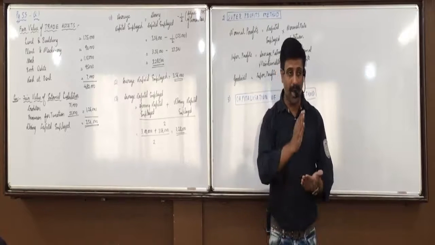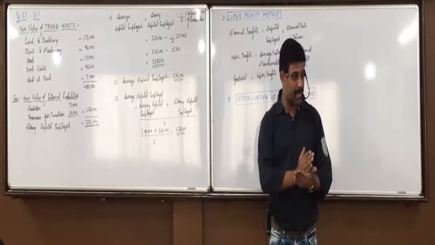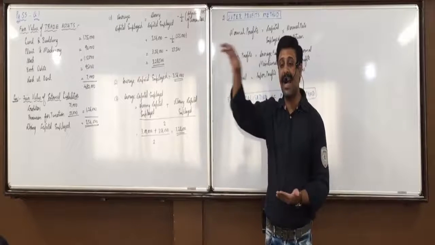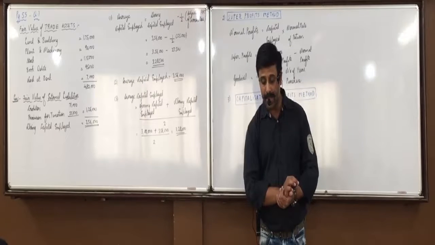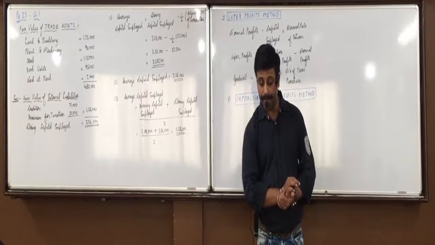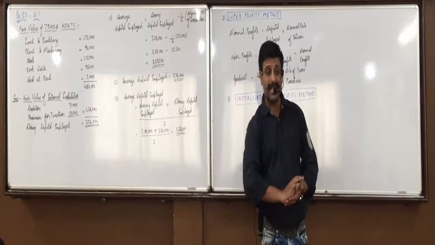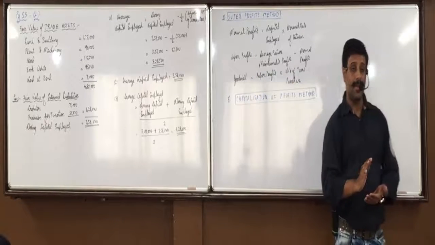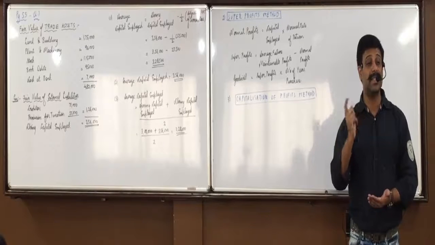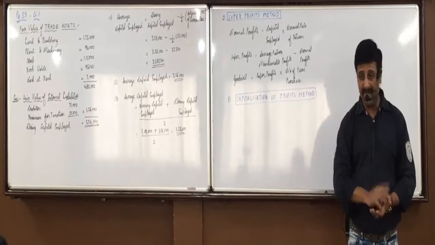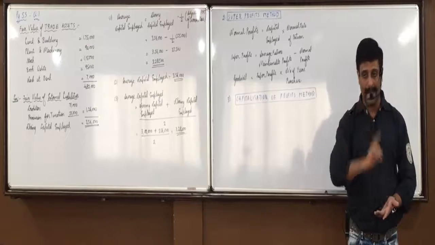So, for earning 1 lakh at 15%, how much should he have invested? 1 lakh divided by 15 into 100, 6,66,667. To earn this 1 lakh, he should have actually invested 6 lakh 66,667, and 15% of that will come to 1 lakh.